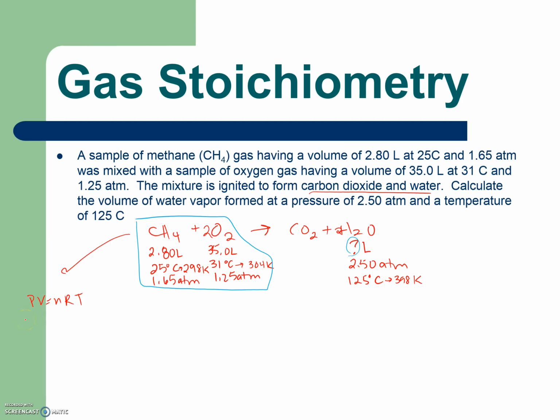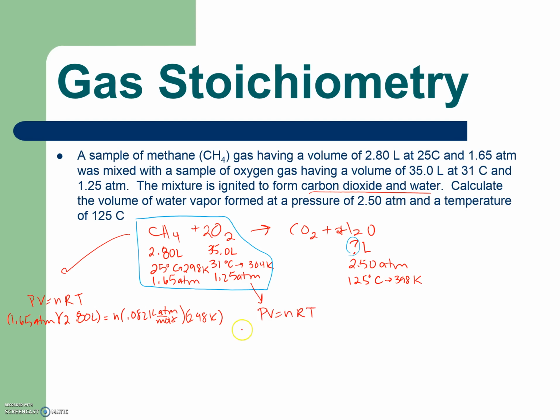So pressure is 1.65 atm. Volume is 2.80 liters. N is what I'm solving for. R is 0.0821. And my temperature is 298 Kelvin. I also need to do PV equals nRT for this set of information.